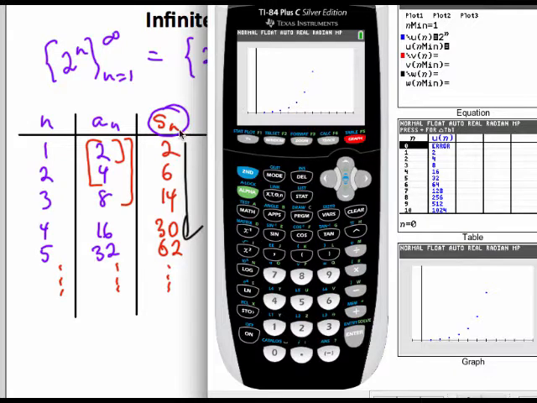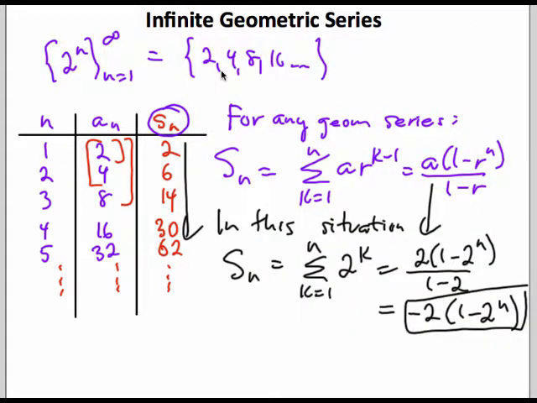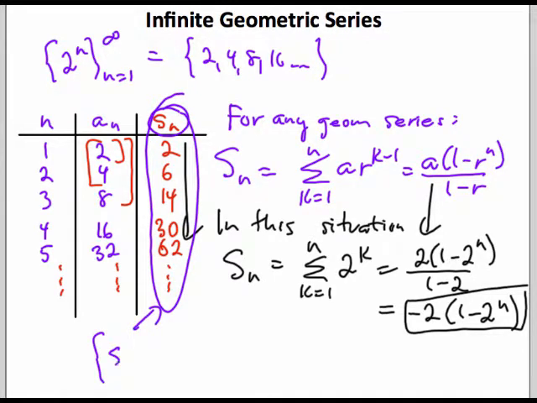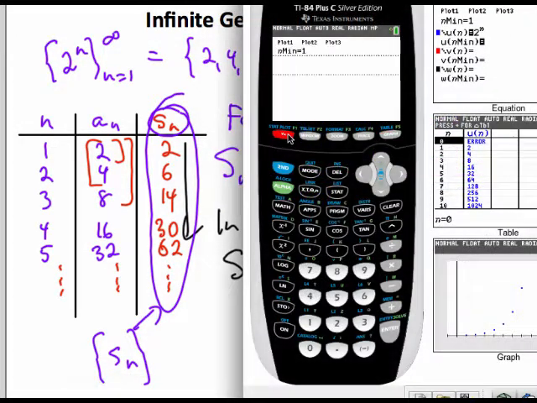Now I also want to represent my partial sums, and this set of numbers here is often called the sequence of partial sums, the sum up to a certain point in the series. So to do that, I'm going to enter a second sequence.